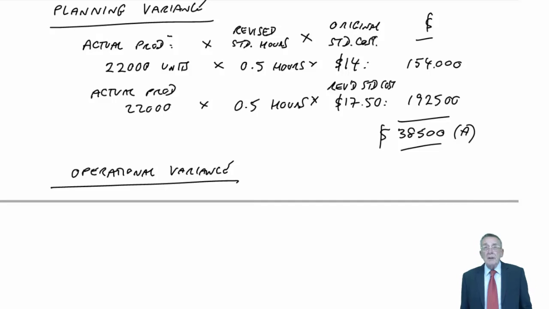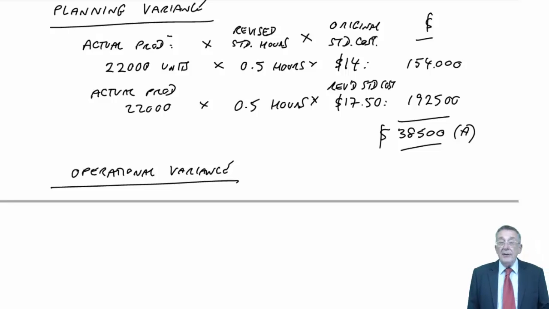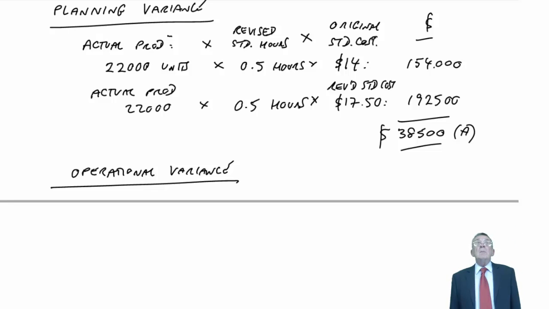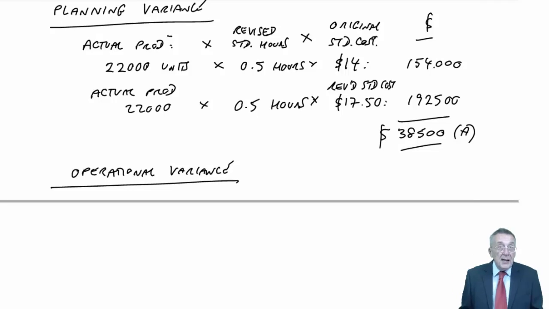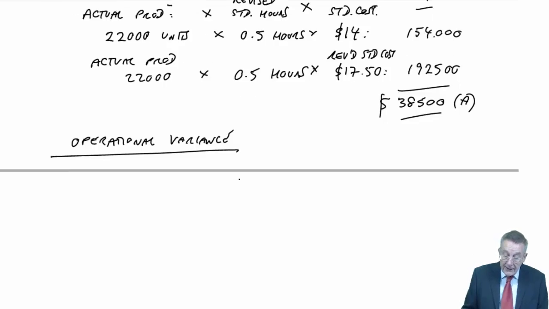It's been revised. Had we done a new budget, we'd have been budgeting on here £17.50 an hour. But we do it exactly the same as normal, comparing what we actually spent to what we should have spent using the revised standard.